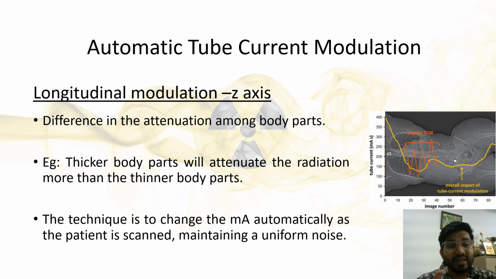So according to the body length, when the attenuation changes, the tube current is automatically modulated. That is the difference in attenuation among body parts.